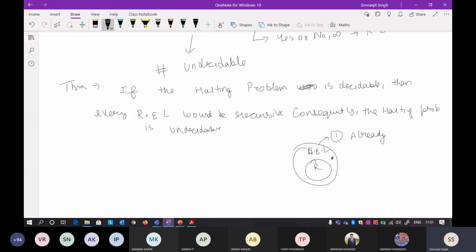But that is not true, because we have already proven that at least one problem exists that is recursively enumerable but not recursive. So, consequently, the halting problem becomes undecidable.